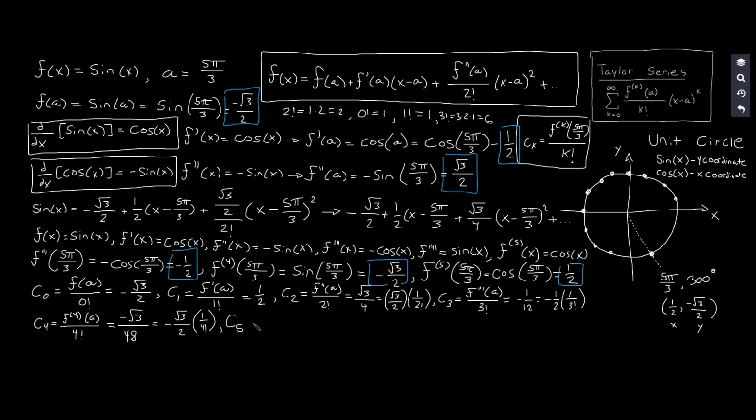And so this is going to be the fifth order derivative of f at a, over 5 factorial. 5 factorial is going to be 120.